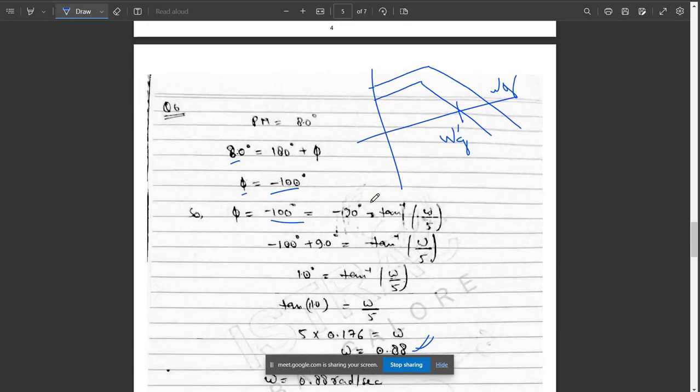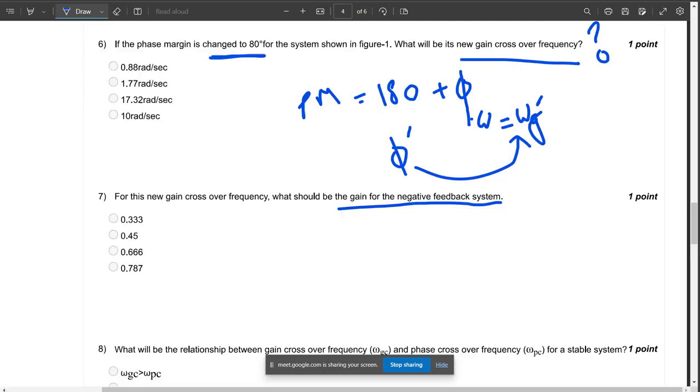Let's go and solve for your doubt. Let's try to solve the next question, and then whatever doubt you have, we will easily be able to clear that out. So here, for the new gain crossover frequency, what should be the gain of the negative feedback system?